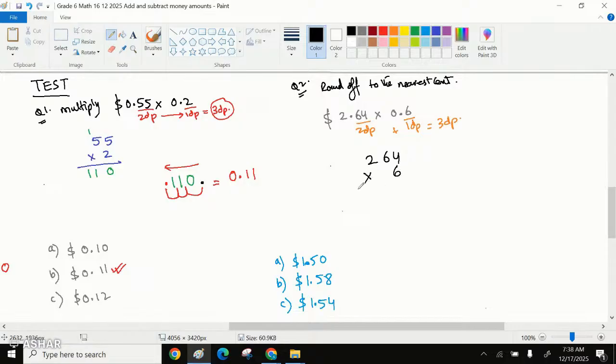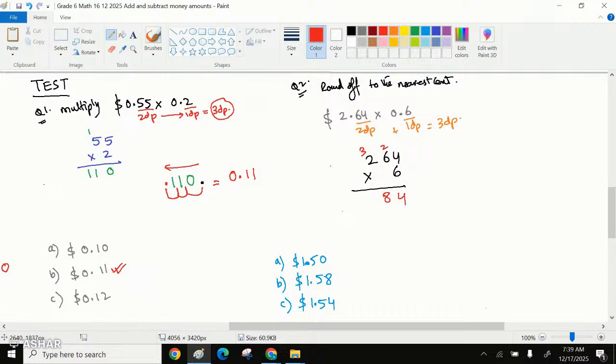So we can write 264 multiplied by 6. 6 times 4 is 24. We write the 4 and we carry the 2 to the tens. 6 times 6 is 36, right? 36 plus 2 is 38.